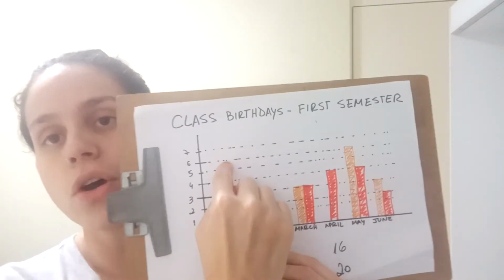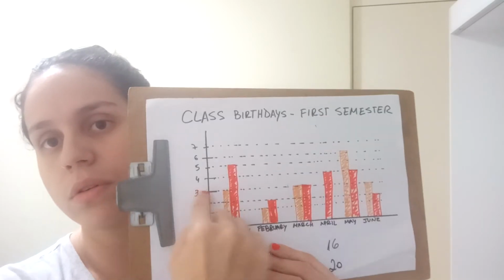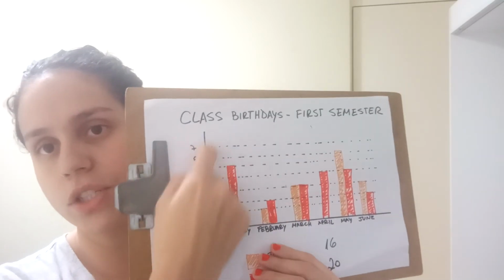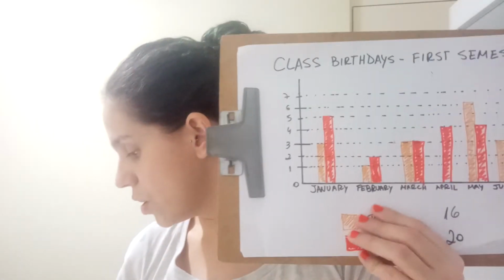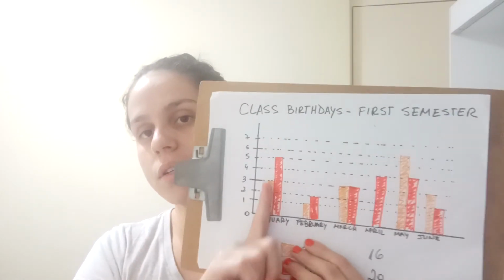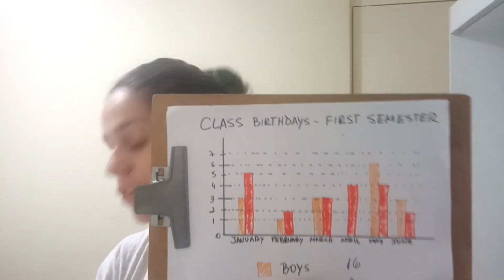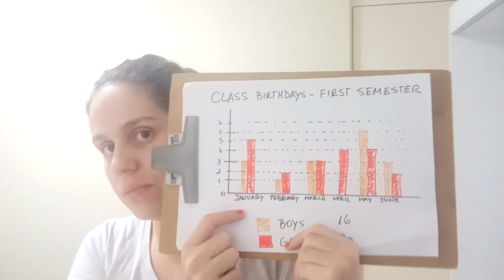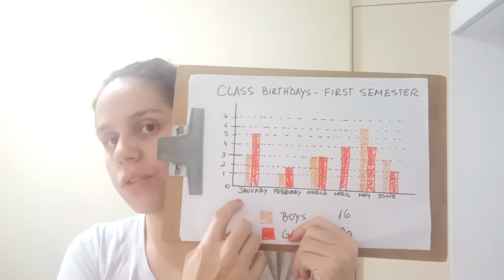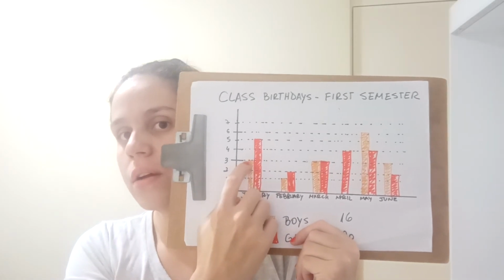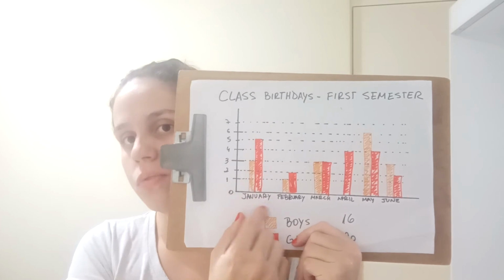And then you draw the lines horizontal for the quantities, and then the vertical for you to put the quantity. And then you define the information. So, okay, in January it's 3 boys, so January.